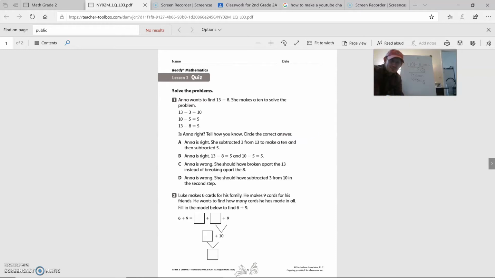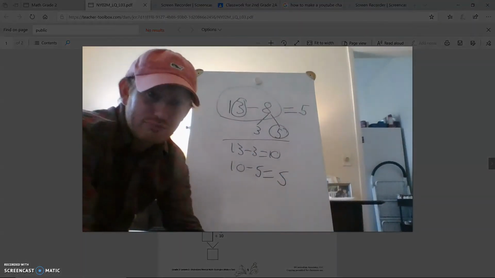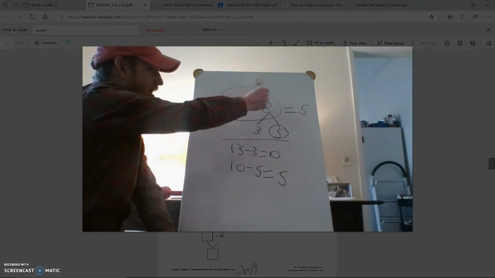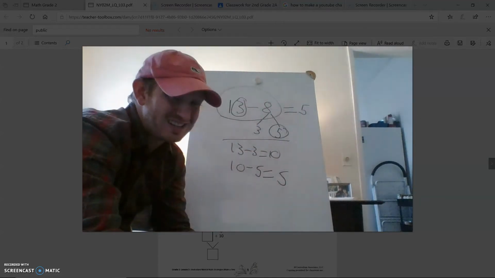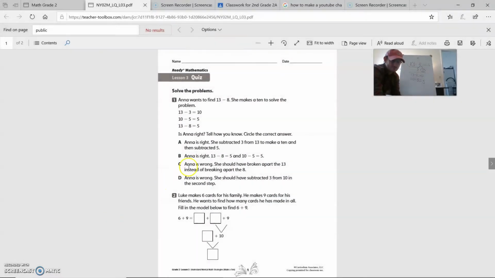What Anna did was, again, break it down from 13 minus 8 to 2 separate problems. So that's not going to be our answer. 3. Anna is wrong. We don't even need to know what's coming after that because Anna is right. And the last one also says Anna is wrong, so we don't need to worry about that either. So we know that the answer to number 1 is A.